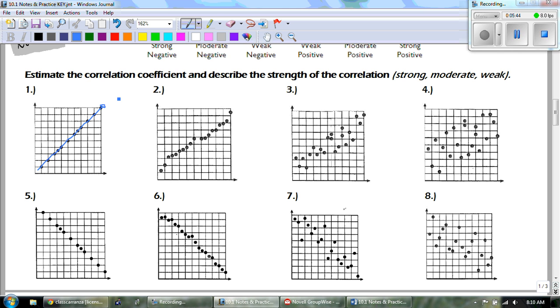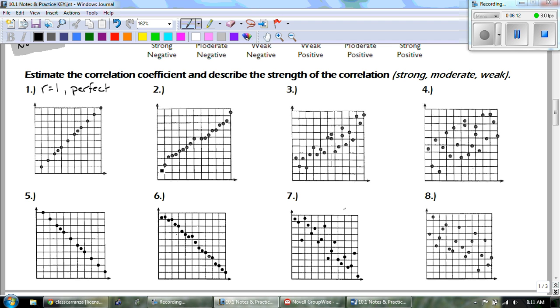It's going up, okay? And see how close all of those dots are? Yeah, they're almost perfectly in a line, okay? So the first thing that we would say is that the coefficient is 1 because it is perfect, okay, and it's perfectly positive.